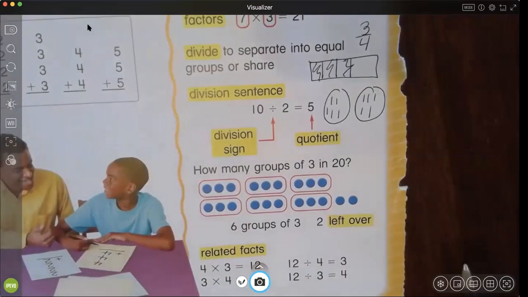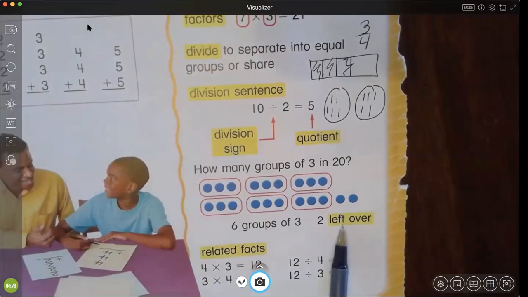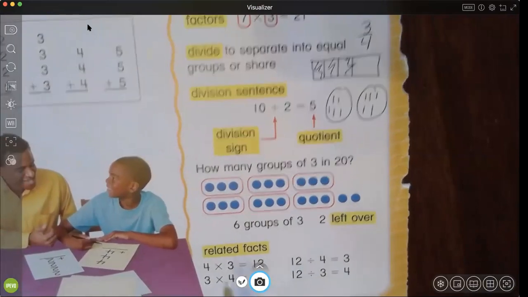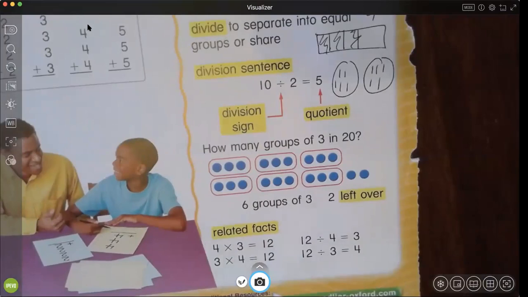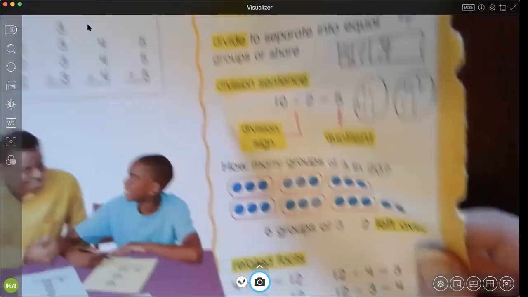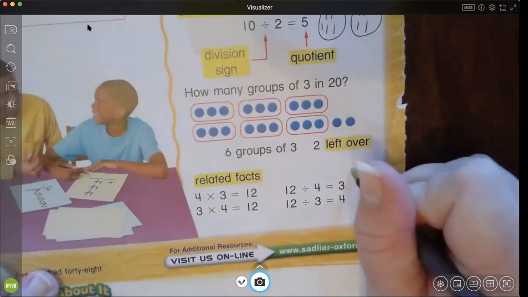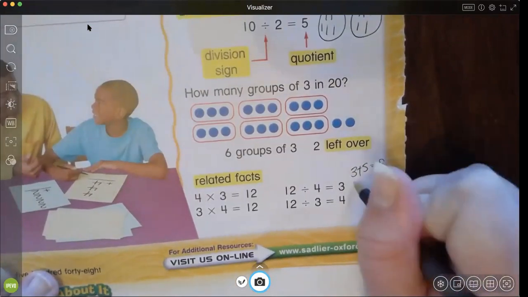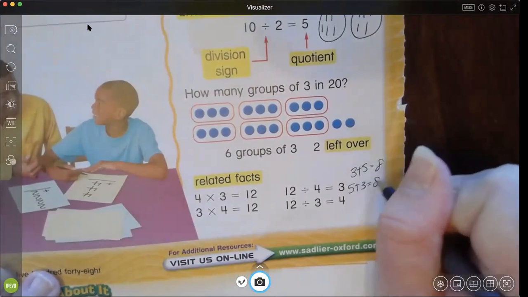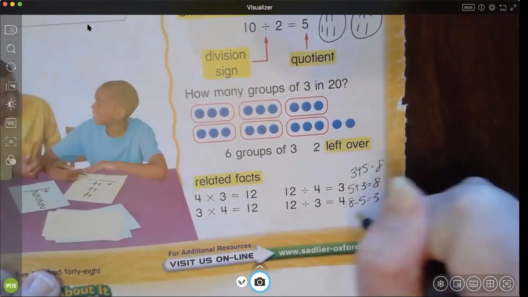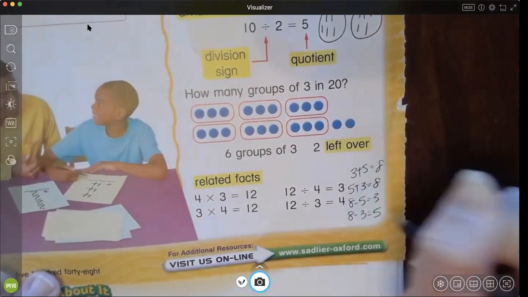All right, and then we have leftover, which we won't get to just yet, and we have related facts. So just like with addition and subtraction, you have fact families. So 3 plus 5 equals 8, 5 plus 3 equals 8, 8 minus 5 equals 3, 8 minus 3 equals 5, okay?